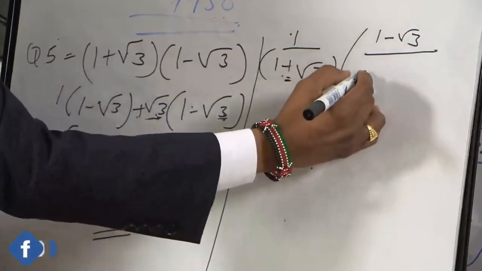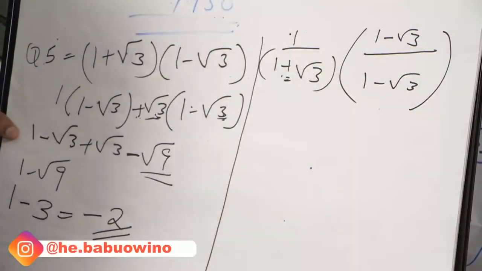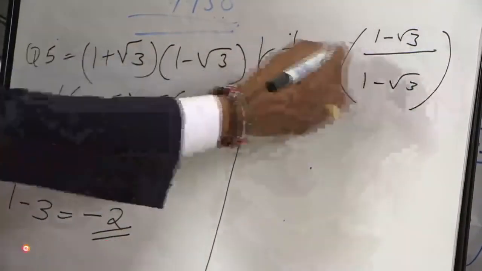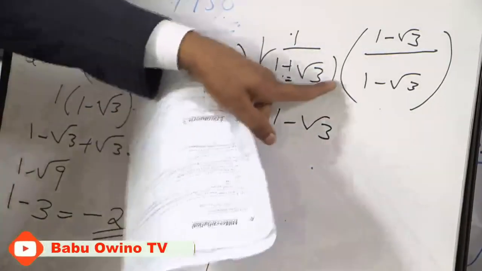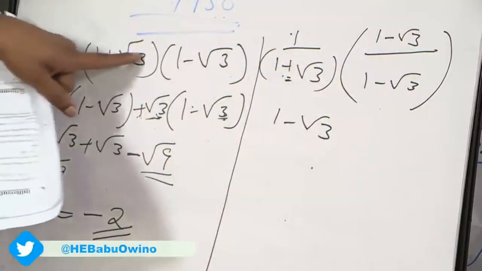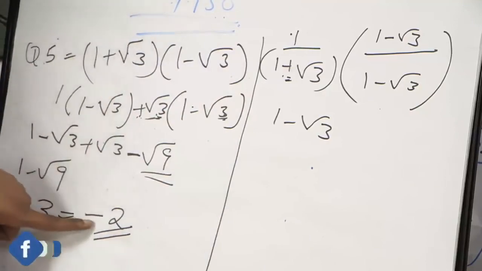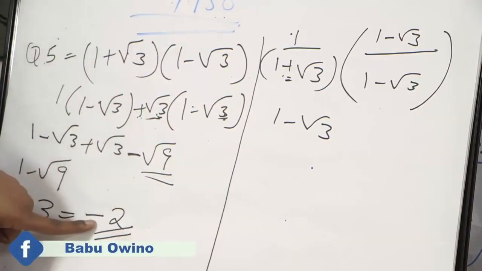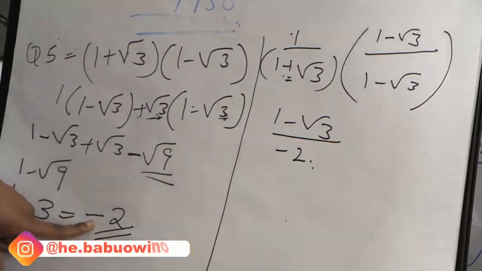Then the denominator is also 1 minus root 3. So the numerator we have is 1 minus root 3. But remember, 1 plus root 3 into 1 minus root 3, when we solved it, we got minus 2. So you divide this value by minus 2.